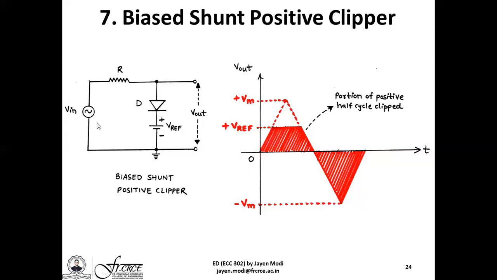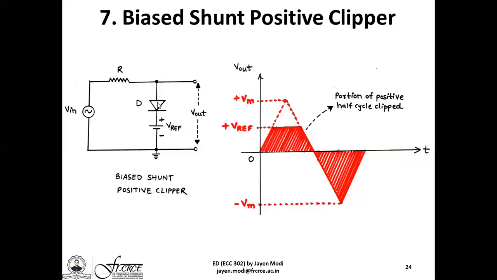Once the input signal crosses the DC reference voltage plus Vref, the diode becomes forward biased. It will now act like a short circuit. Once the diode is acting like a typical short circuit, you have the DC reference voltage Vref directly appearing across the output, irrespective of how much the AC input signal varies.